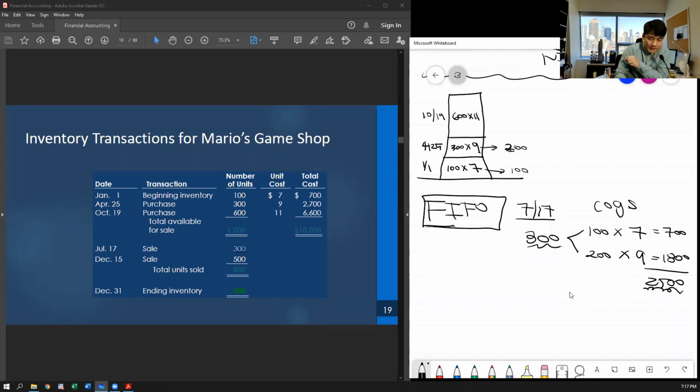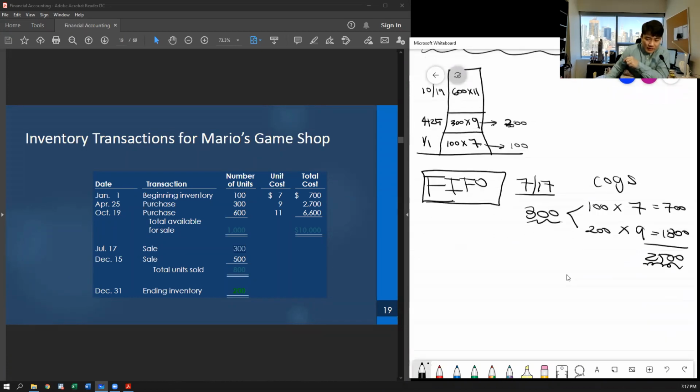Now I'm going to compare that with the LIFO method. If the company adopts the LIFO method on July 17th, you're still selling the same 300 units, but in this case you are going to be using the newest items instead of the oldest.